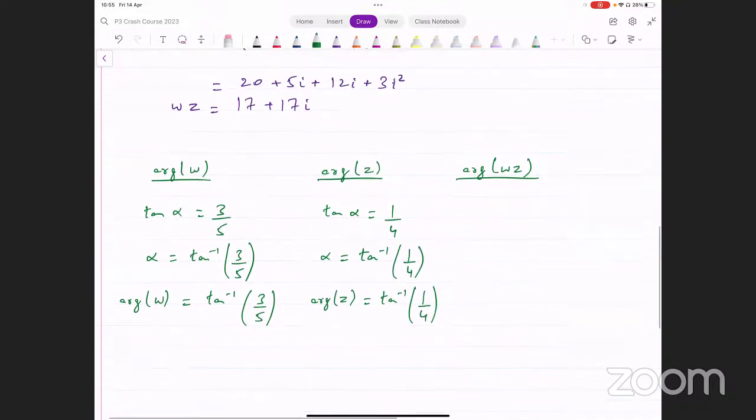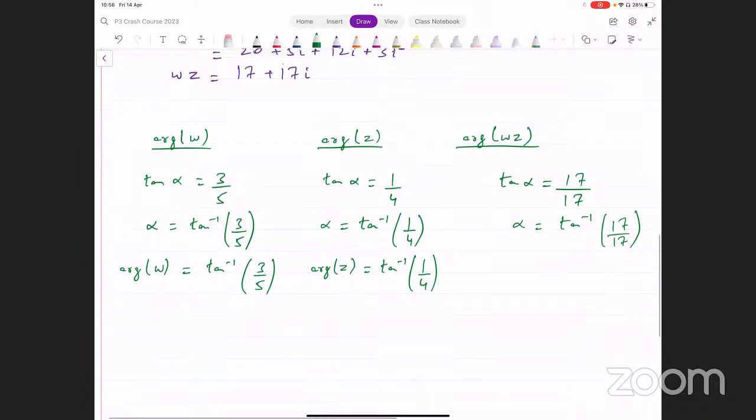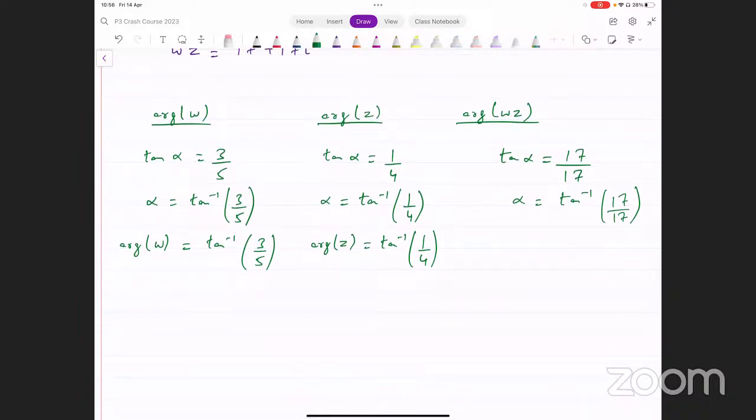What about the argument of WZ? Let's figure that out. Again, we have 17 plus 17 iota here. Find the basic angle first of all. Tan alpha would be equal to 17 over 17. Alpha equals tan inverse of 17 over 17. Now, if you notice, this is actually tan inverse of 1. And tan inverse of 1 is just pi over 4. We can find an exact value for this.